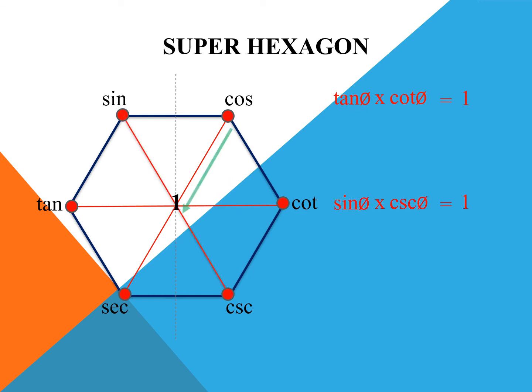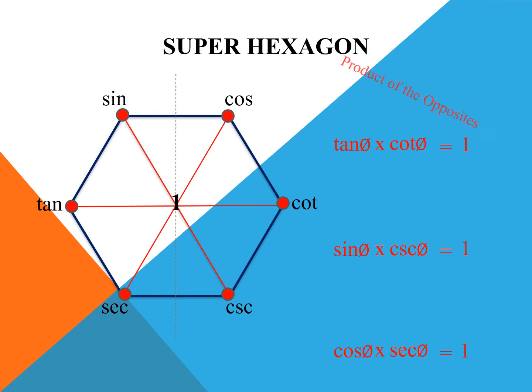Cosine theta multiplied by secant theta is also equal to 1. And we have now the product of the opposites. And that's another 3 trigonometric identities. But wait, there's more.